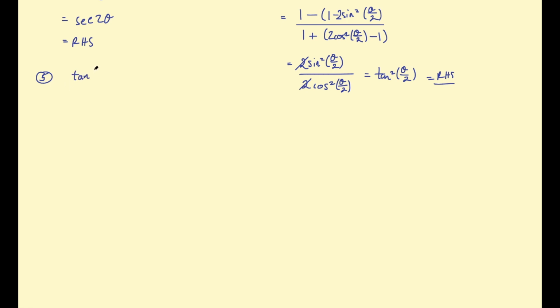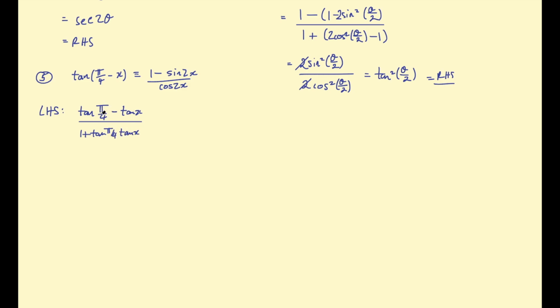So in this example, we've got tan of pi on 4 subtract x is equivalent to 1 take sine 2x over cosine 2x. Starting with the left-hand side, this would be tan of the first angle, so tan of pi on 4, subtract tan of the second angle, tan of x, over 1 plus the tan of pi on 4 multiplied by the tan of x.